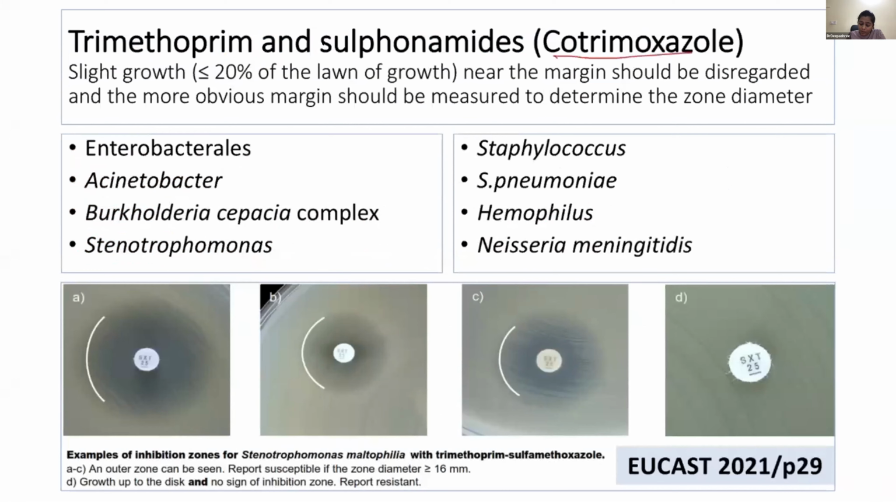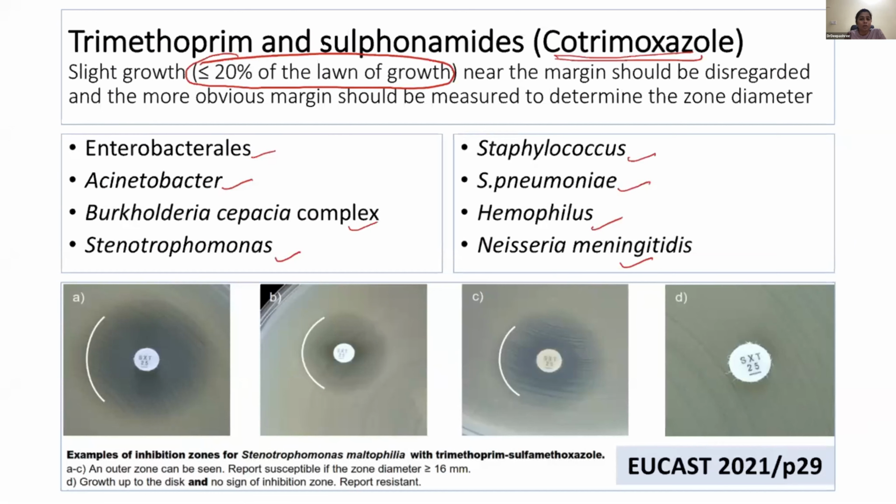With respect to cotrimoxazole, in Enterobacterales, Acinetobacter, Burkholderia, Stenotrophomonas, staph, pneumococci, Haemophilus, and Neisseria, that is, in this drug bug combination for all these organisms, whenever you are measuring cotrimoxazole, there is a place where you see less than 20% of the lawn growth near the margin.